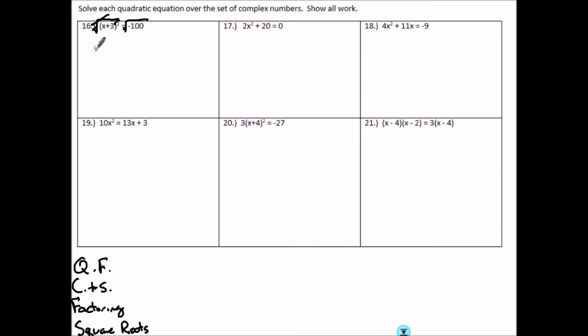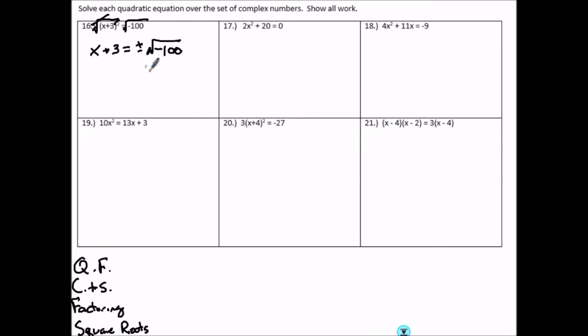On the left side, we're left with x + 3, and on the right side, we're left with plus or minus the square root of negative 100, because when we undo something that's being squared, we need to include the negative square root and the positive square root.